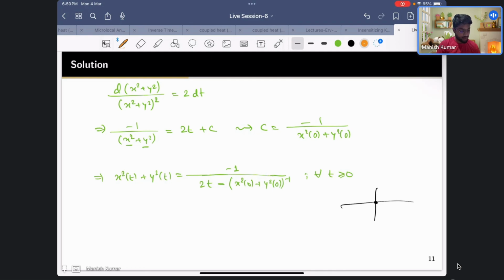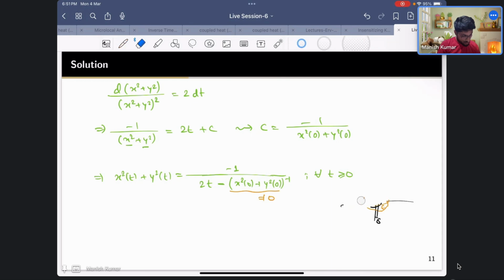So for any epsilon you choose, there should exist a small delta neighborhood, so that if you choose any initial point from here, the solution should restrict itself to this epsilon ball. That's why the initial data we consider is non-zero, so this is always non-zero.